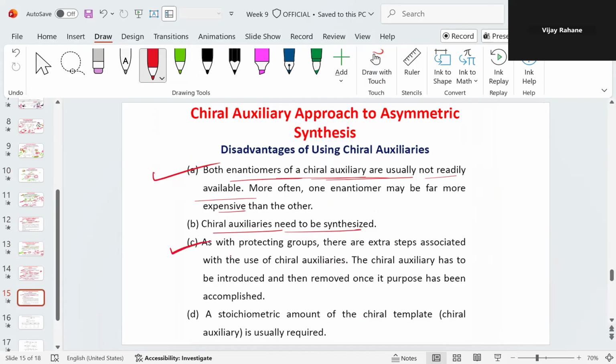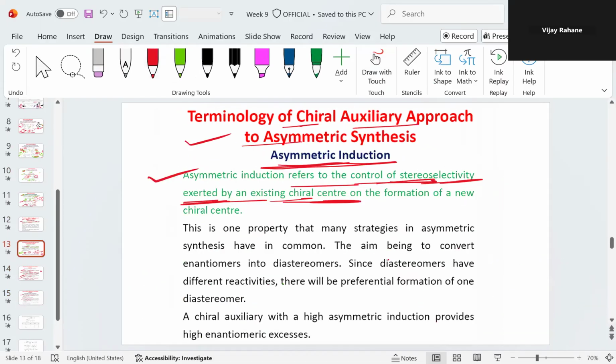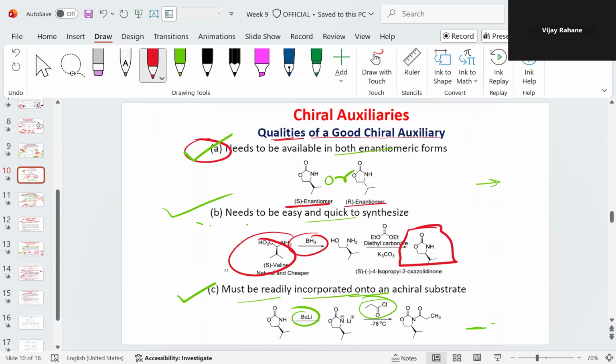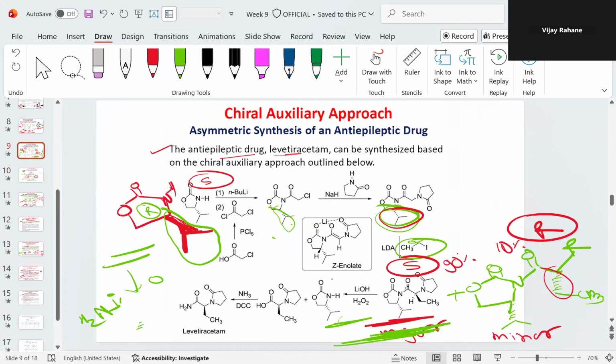Then, as with protecting groups, the extra steps associated with the use of a chiral auxiliary are required. Why? Because, as I showed in the last example here, we are using somewhat harsh conditions to remove the chiral auxiliary. Here you can see lithium hydroxide and H2O2 that we need to use to remove this chiral auxiliary from the target molecule.